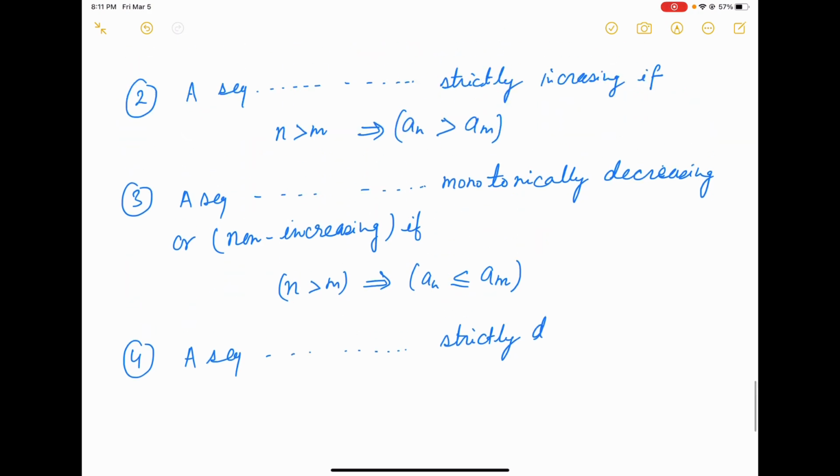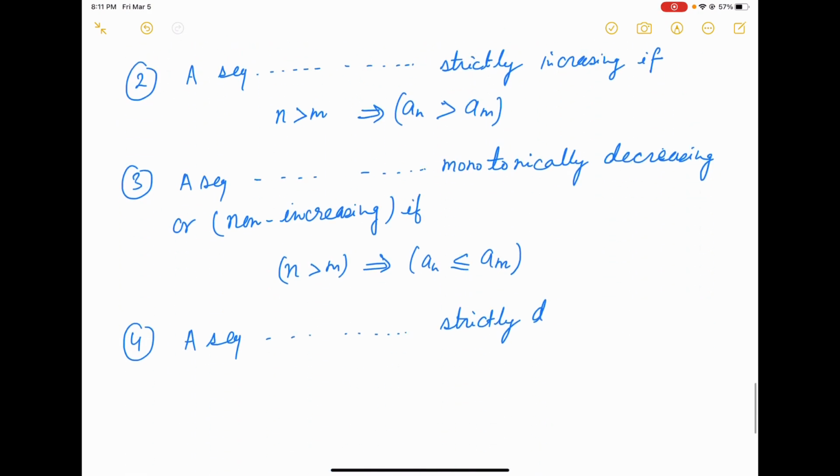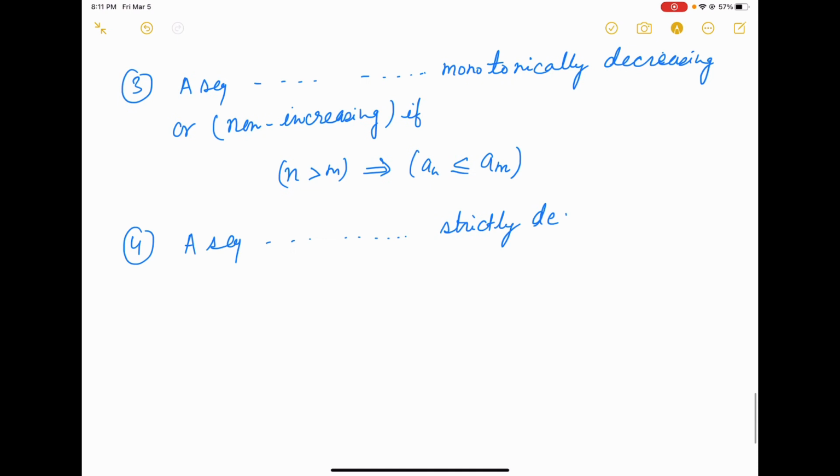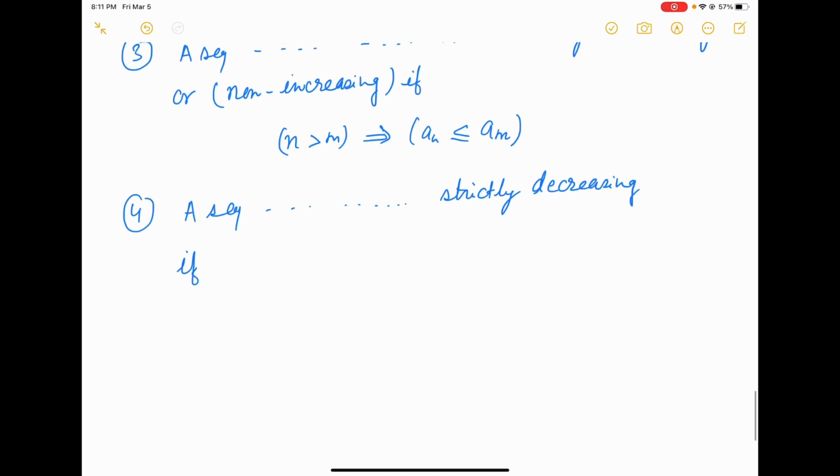So a sequence a_n in R is said to be strictly decreasing if n greater than m implies a_n is less than a_m.